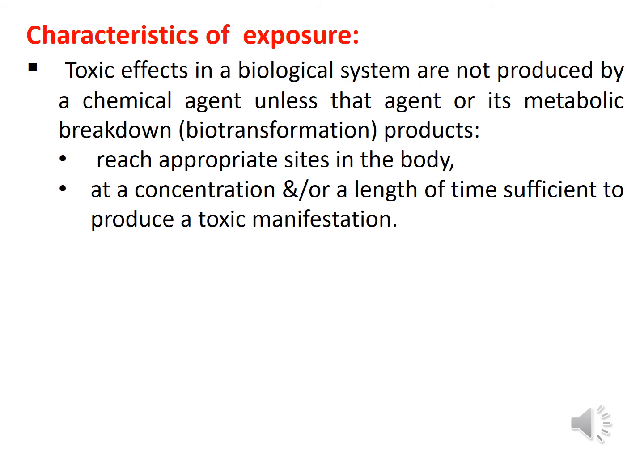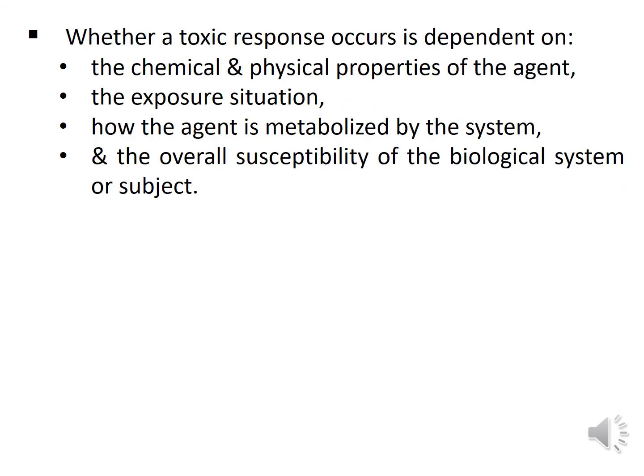The other points are that the chemical agent or its metabolic products should reach a concentration and/or a length of time sufficient to produce a toxic manifestation. A toxic response is dependent on the chemical and physical properties of the agent, the exposure situation, how the agent is metabolized by the system, and the overall susceptibility of the biological system or subject.